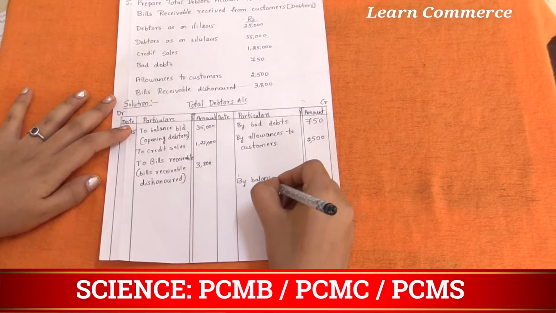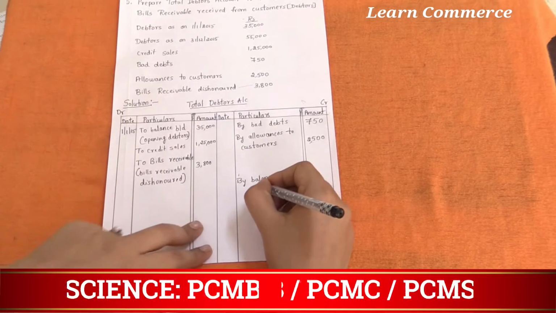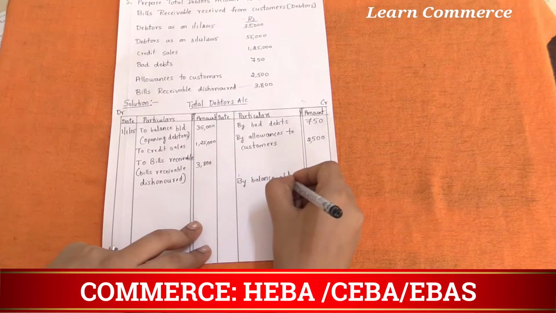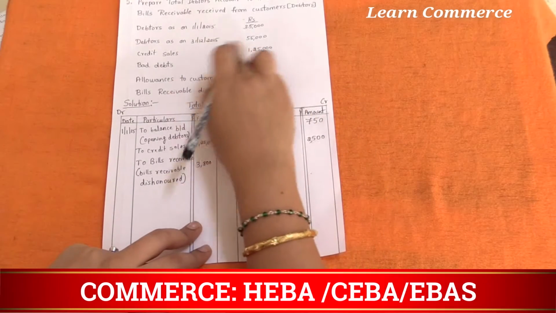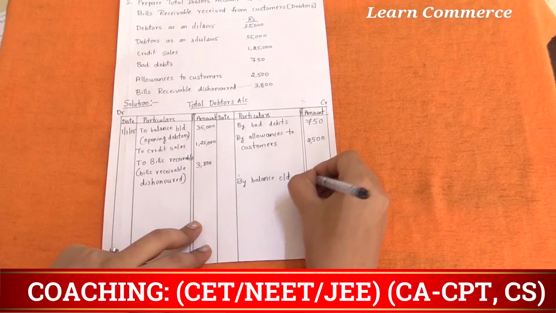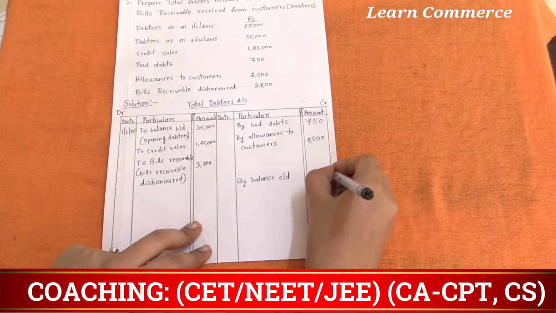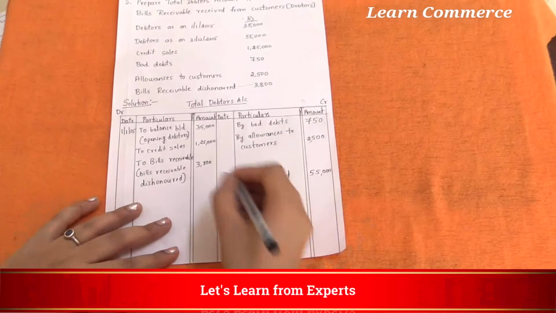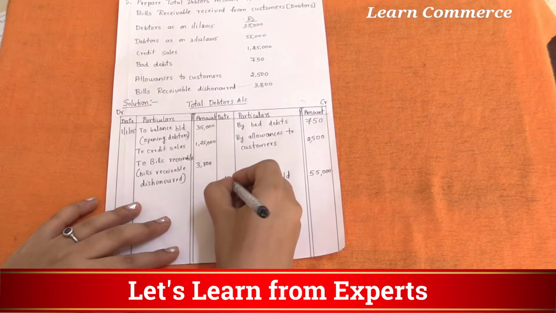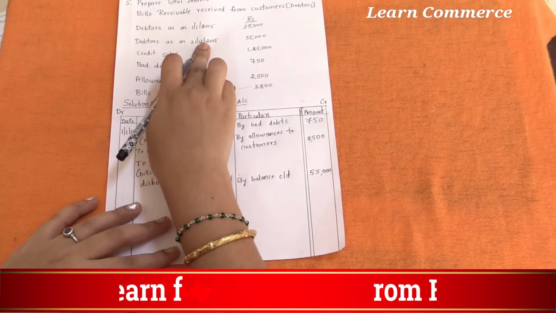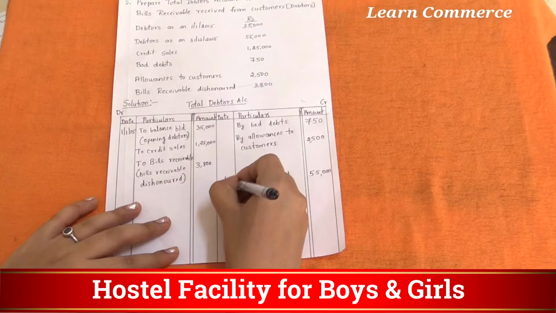The closing debtors in total debtors account is always written by balance carried down. The amount is given, see here, 55,000. Date is 31st December 2015.